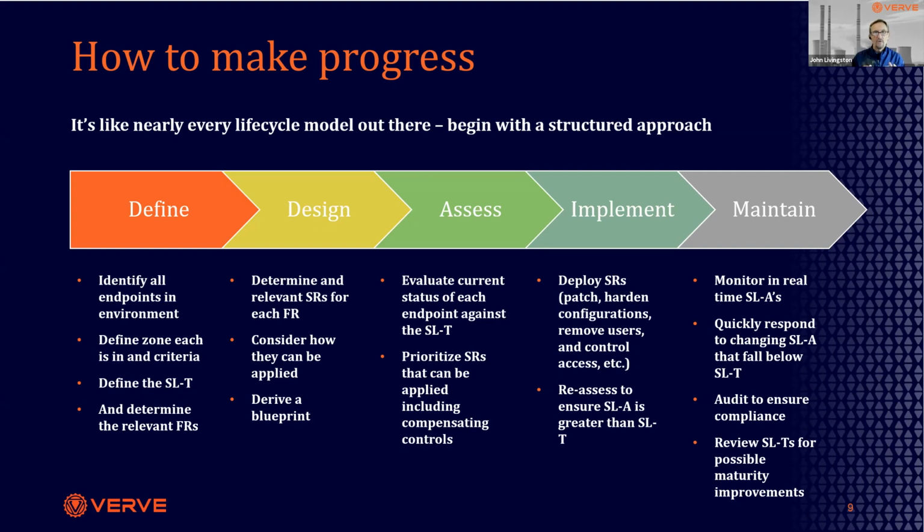And then typically we'll put in the Verve platform, and we'll show you this, where we can then assess the current status of security against those security requirements and functional requirements. Am I patched? Do I have an appropriate control over users and accounts? Do I have application whitelisting? Is it in lockdown?